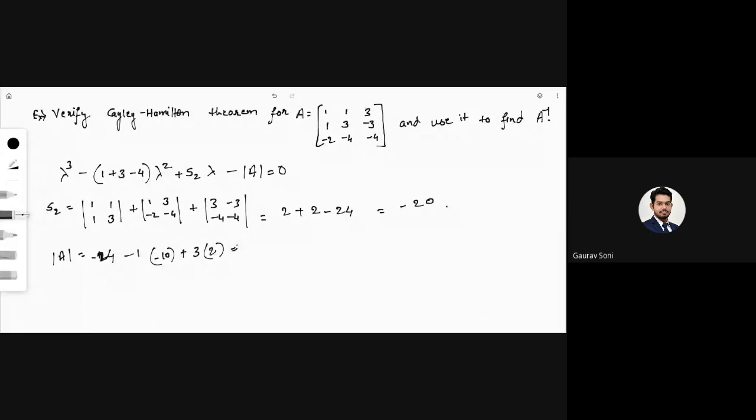So the answer is minus 8. So what do we have? Lambda cube minus 20 lambda plus 8 is equal to 0. Sir, minus 8, right? No, you have the determinant, and the minus sign is there. So it's plus. The determinant is minus 8, and that minus will become plus 8.